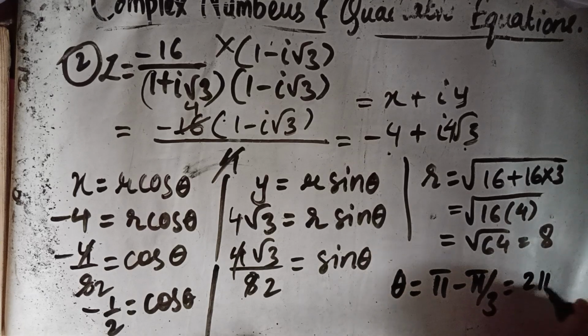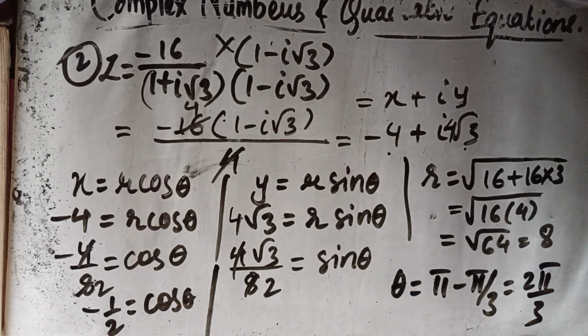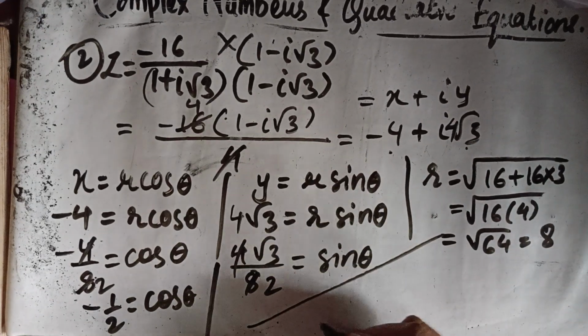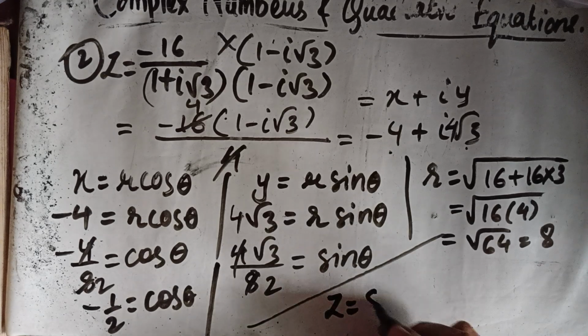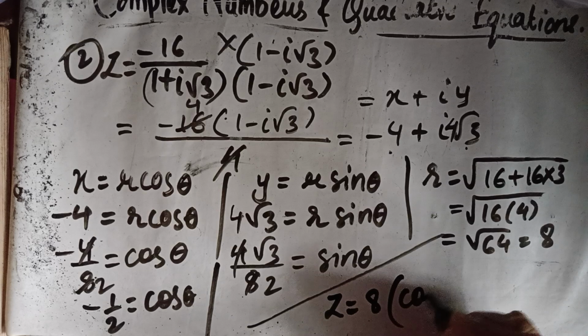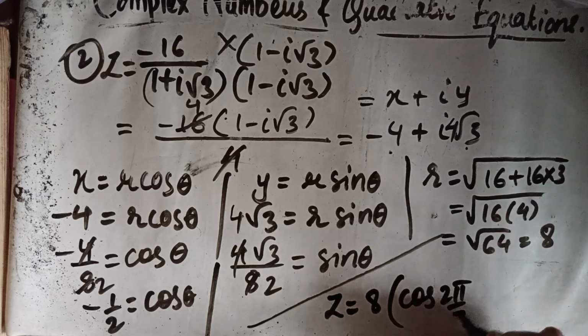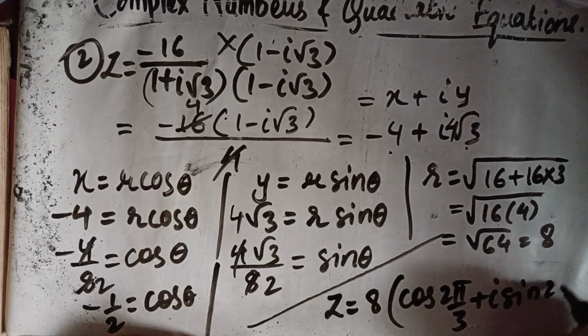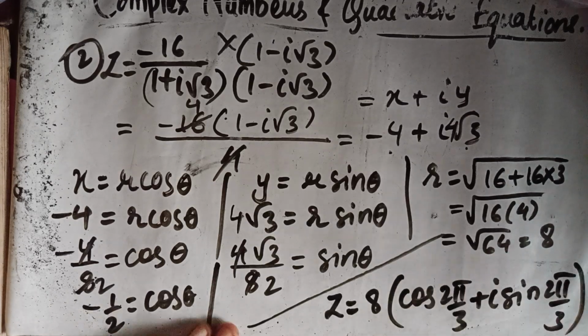So this is 2 pi by 3. Okay. So our polar form becomes z equal to r, which is 8, cos 2 pi by 3 plus I sin 2 pi by 3. Okay.